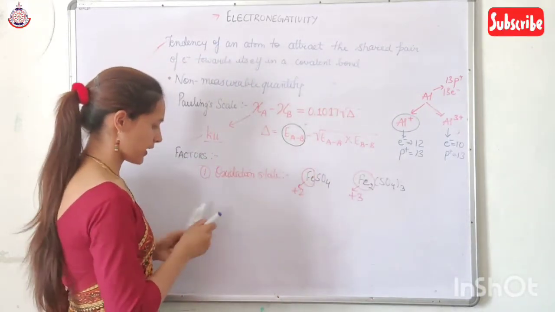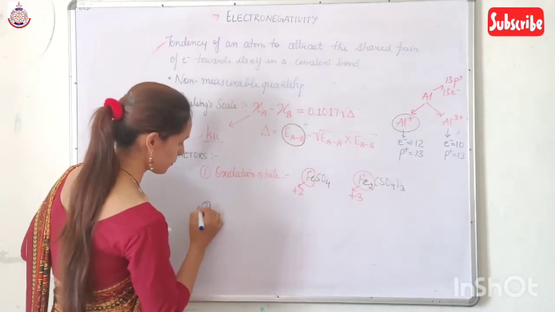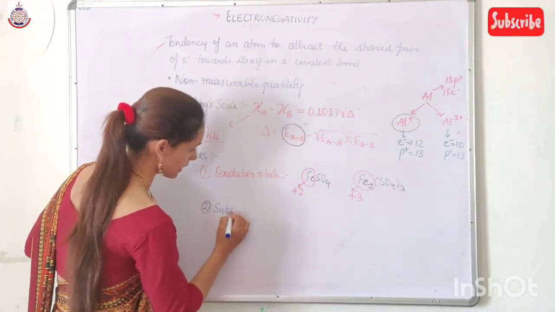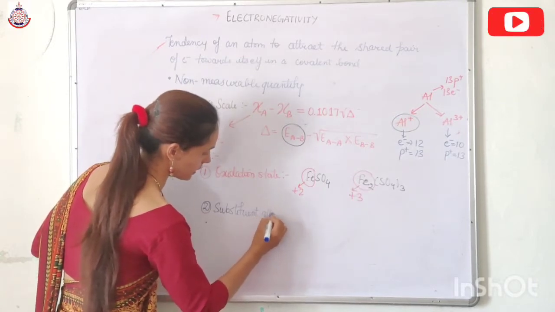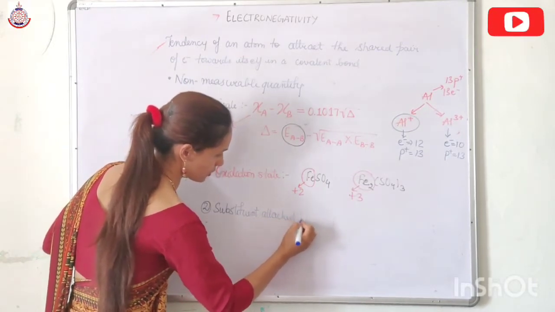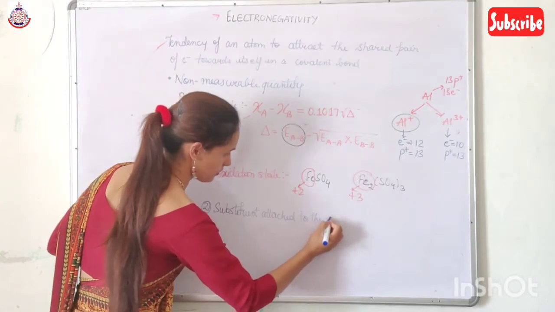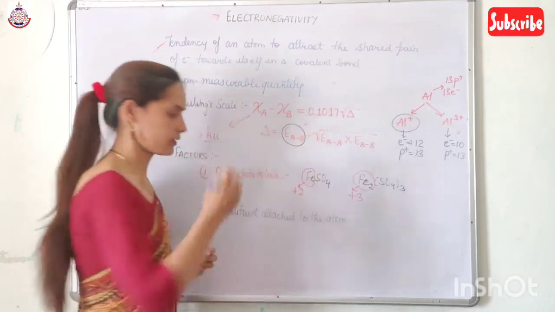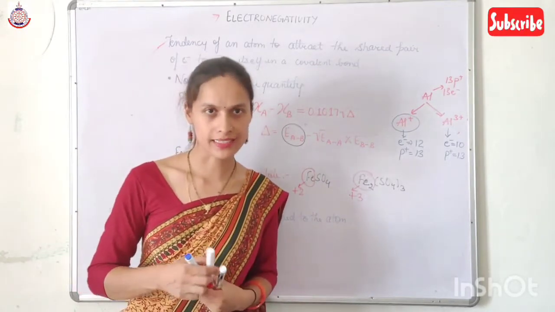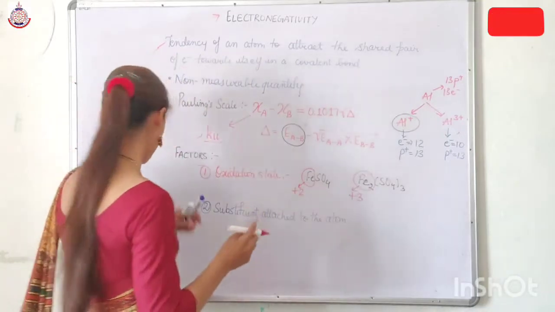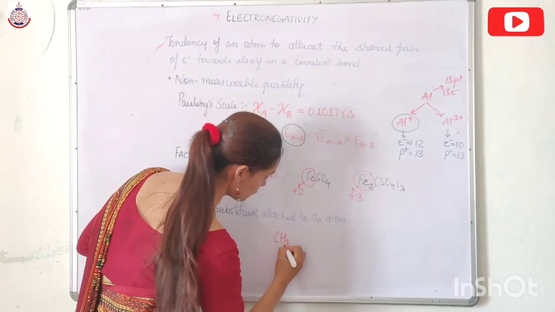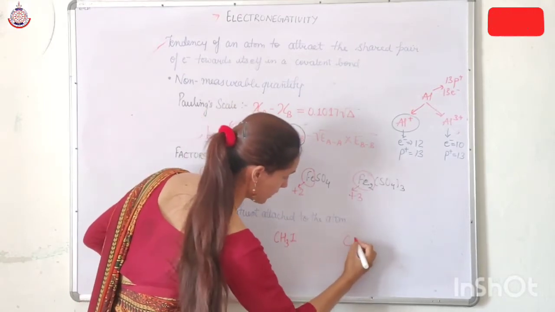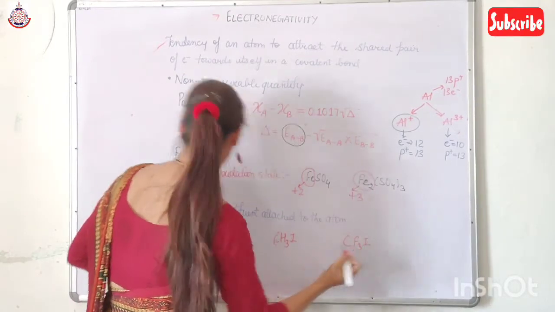Now the second factor is the substituent attached to the atom. For example, I have two molecules, CH3I and CF3I.